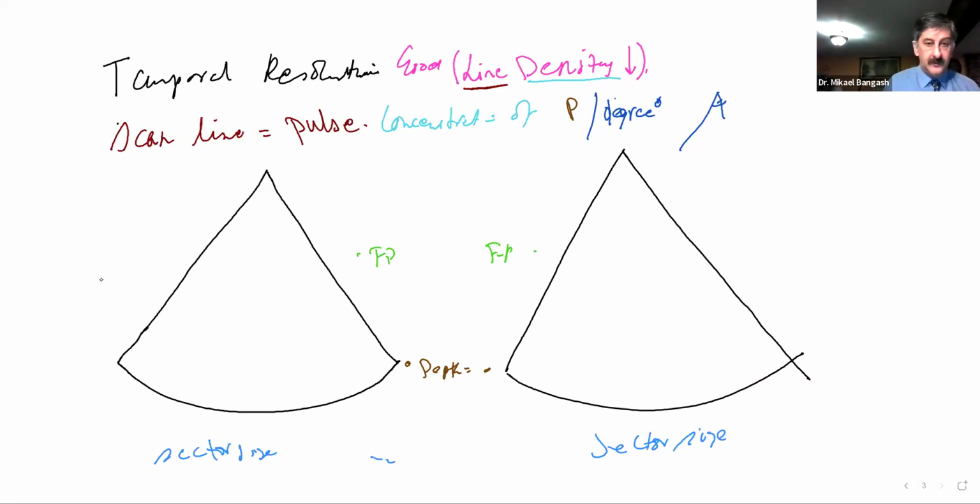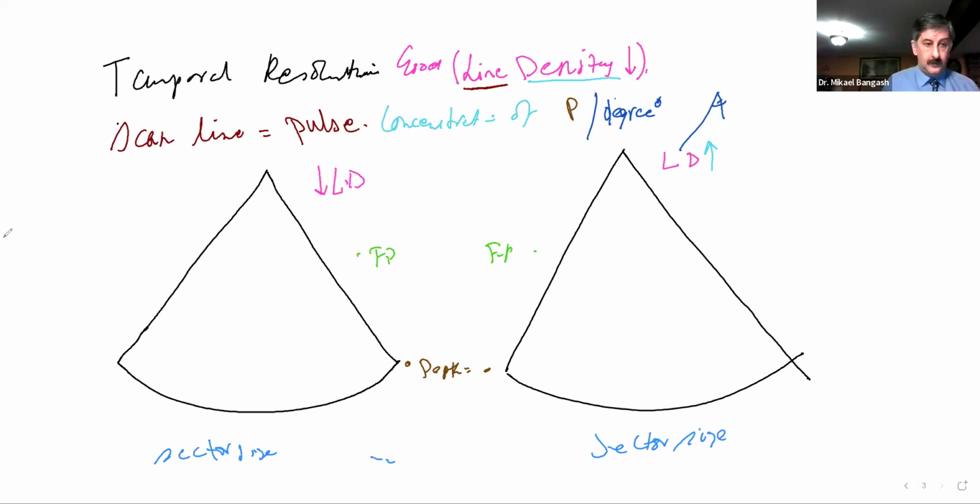But here, for instance, we may say that we have a low line density, whereas over here your line density is going to be high.